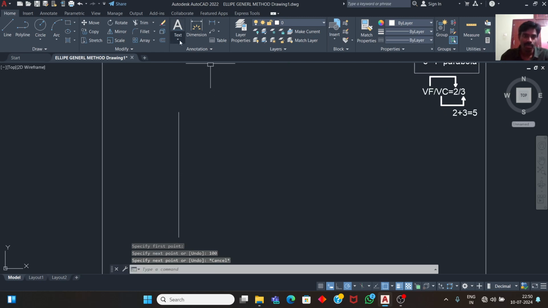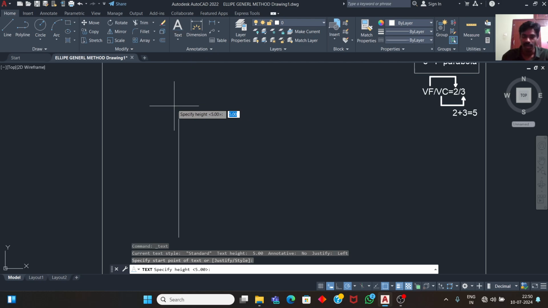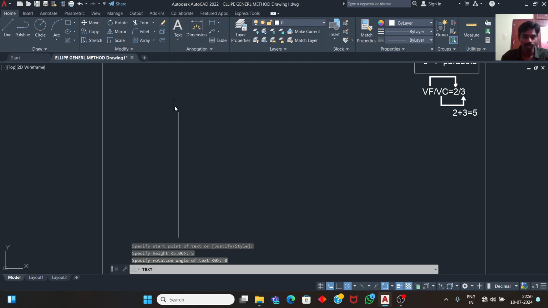Give the naming by using the single line text. I am selecting the single line text, click where you want, and enter the text height 5, enter, and give the rotation of this text, that is 0.